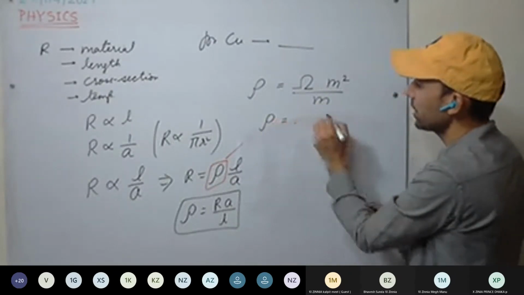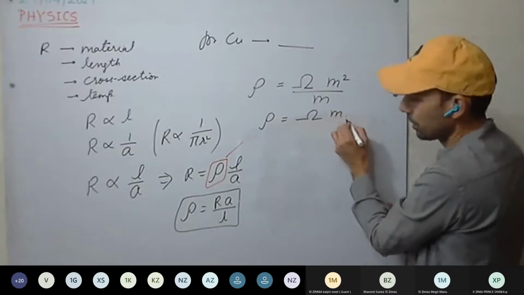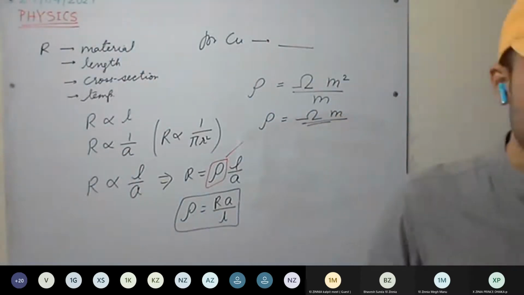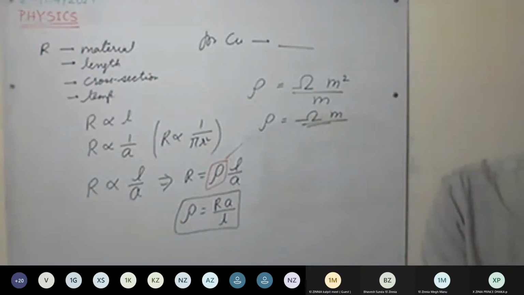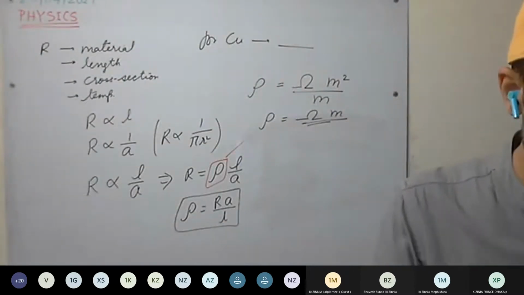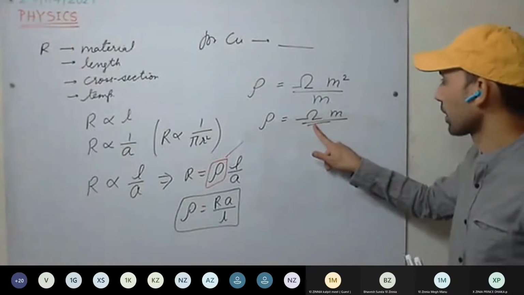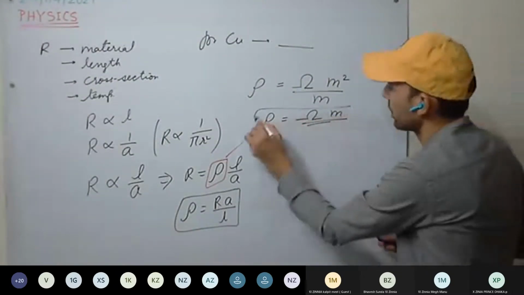So for resistivity, it will be ohm meter. This will be the unit for resistivity: ohm meter.